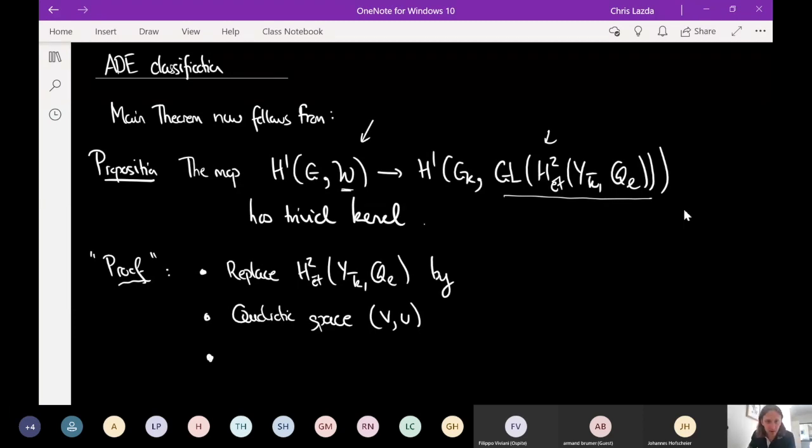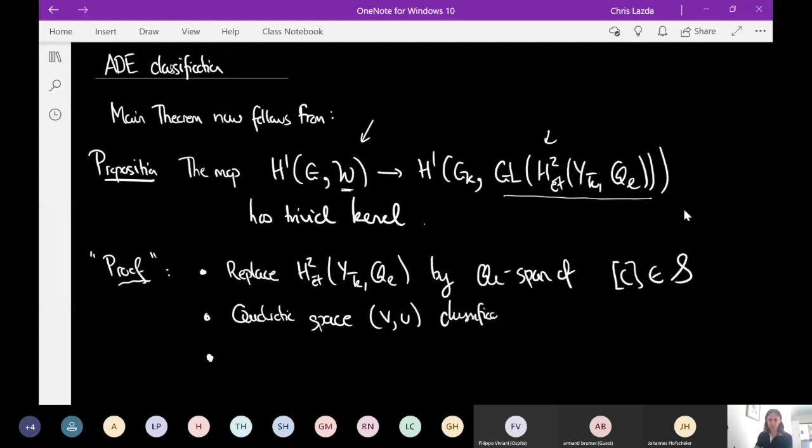But anyway, the basic idea of the proof is that we're going to replace the full H2 of Y by the Q_L span of all of these -2 classes. This gives us a quadratic space V with the quadratic form given by the intersection pairing or the cup product, that's going to be classified by a Dynkin diagram.